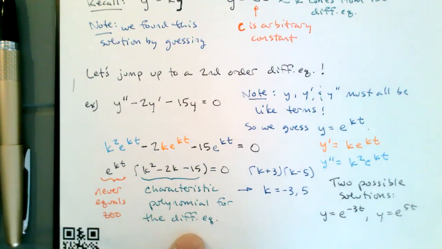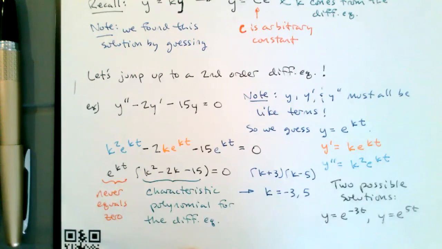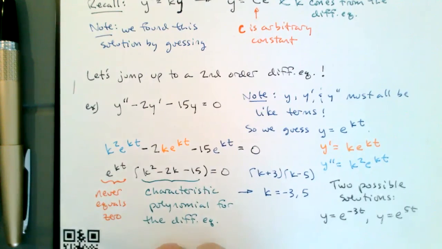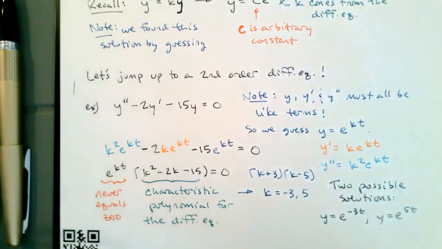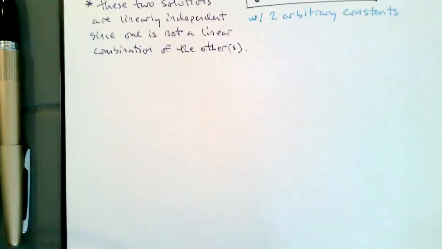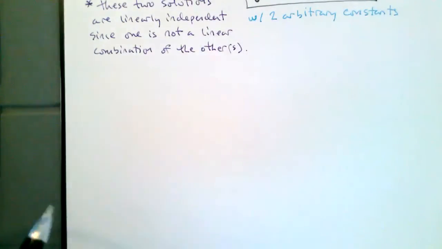So all these second order linear homogeneous differential equations with constant coefficients are going to lead to quadratic polynomials. And there are three things that happen when we're looking for the zeros of quadratic polynomials.